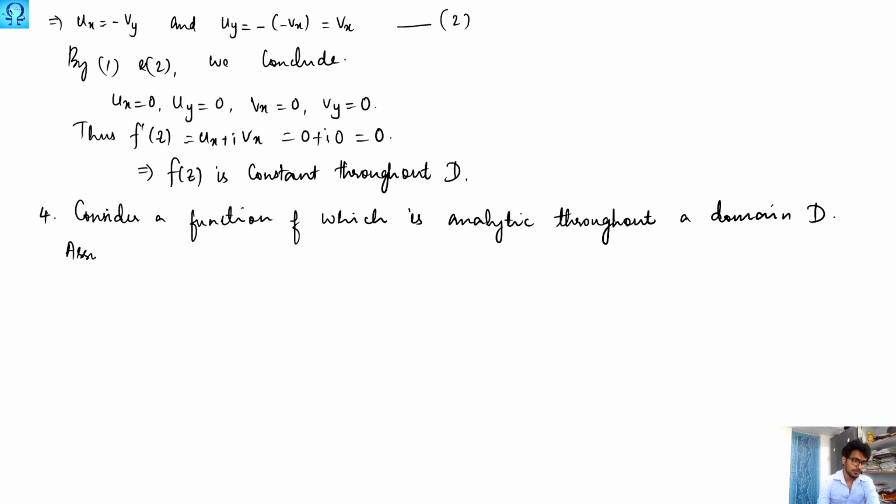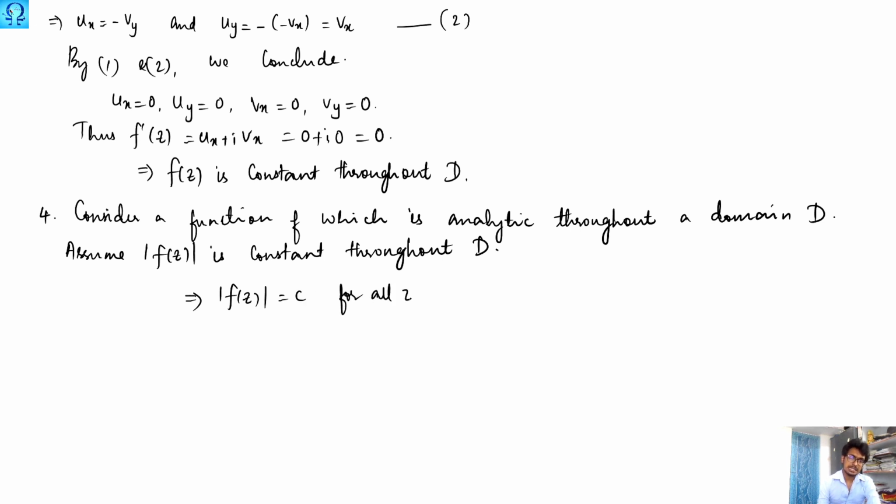Then assume absolute of f of z is constant throughout D. Given that it is constant, we know that this is some real value, so we shall write absolute of f of z is equal to c for all z in D, where c is a real constant. It cannot be negative too.